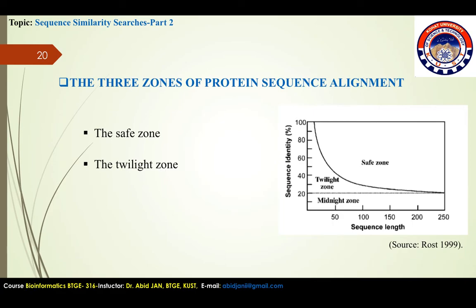Sequence identity values below the zone boundary but above 20% are considered to be in the twilight zone, about 20% and less than 25%, where homologous relationships are less certain. The region below 20% is the midnight zone, where homologous relationships cannot be reliably determined.